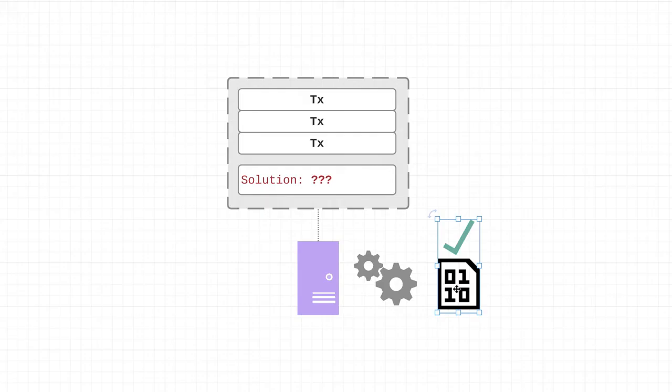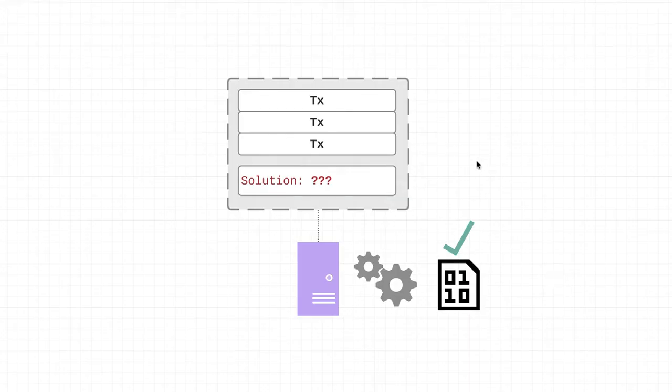And by the way, even though you couldn't see, I had quotes around "prove" and "work" in that sense, and that's because this process of trying to solve this puzzle, this is called proof of work. So to produce a valid block, a node not only needs to validate a list of transactions, but also provide a correct solution to this difficult puzzle.